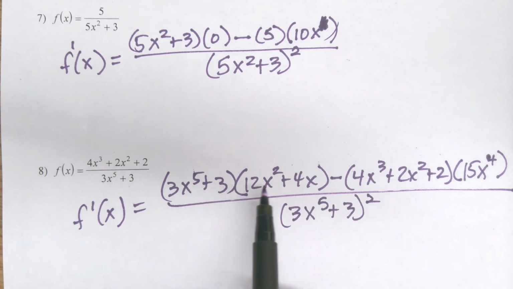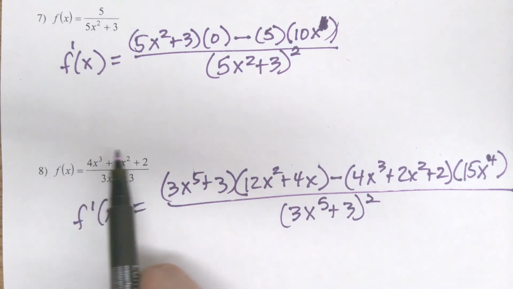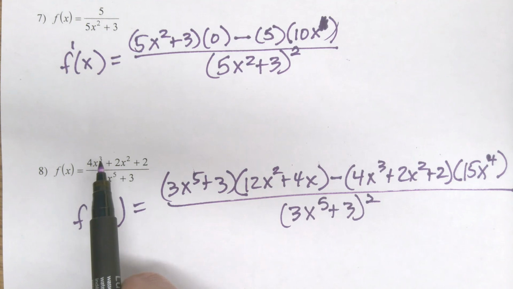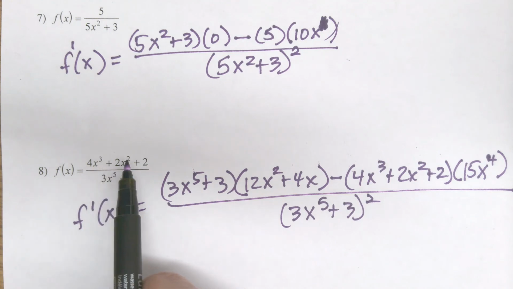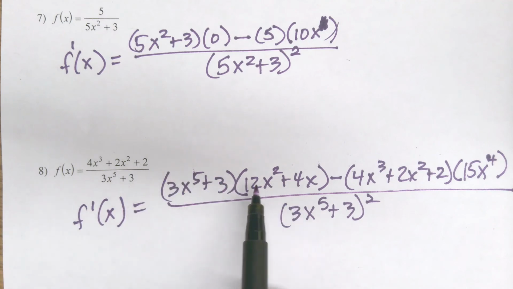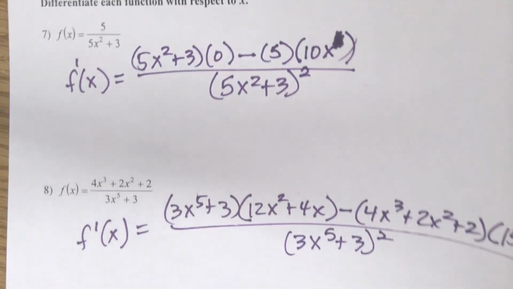Bottom as is, derivative of the top, again the derivative of the top, 3 times 4 is 12x, lower the power 1 squared, plus 2 times 2, 4x, lower the power 1 first. That's how we got the 12x squared plus 4x.